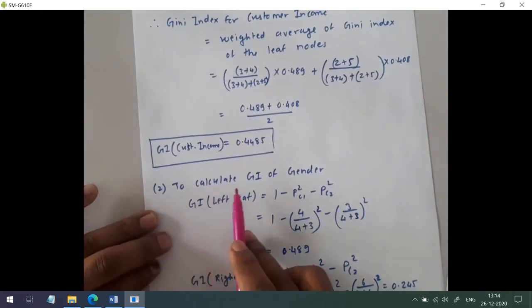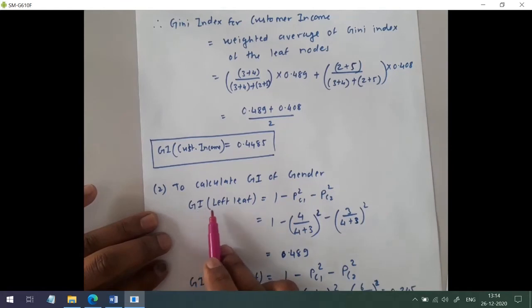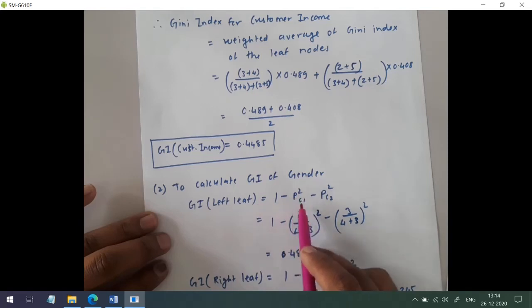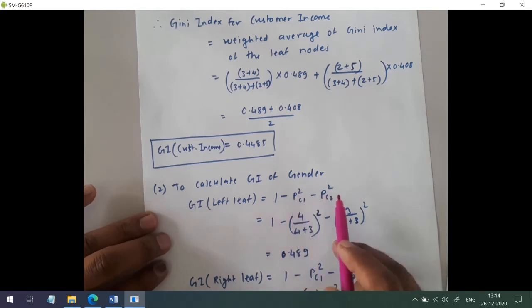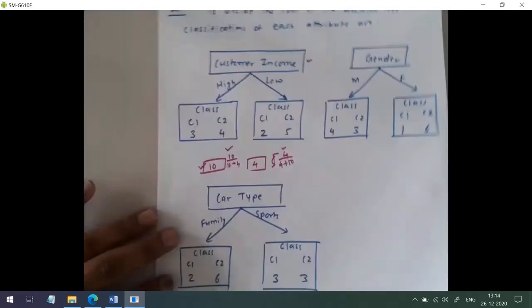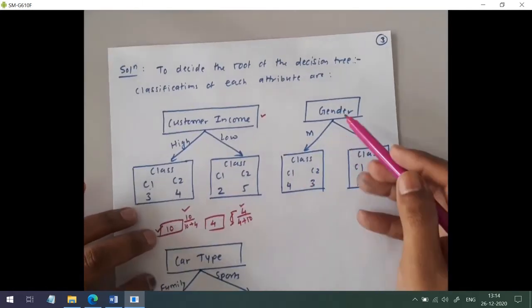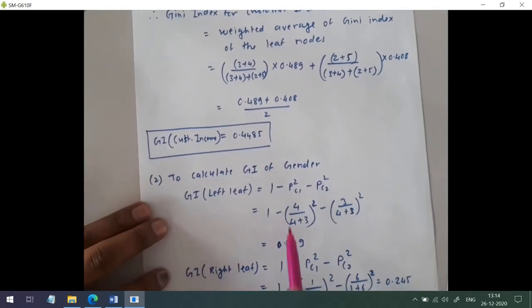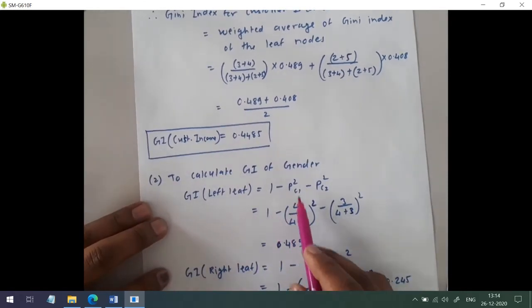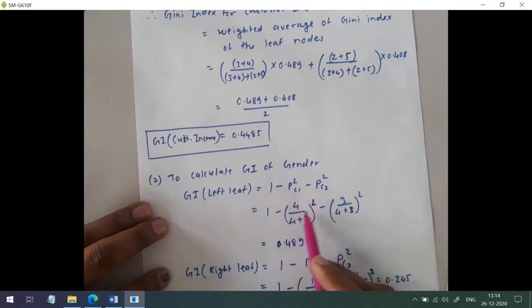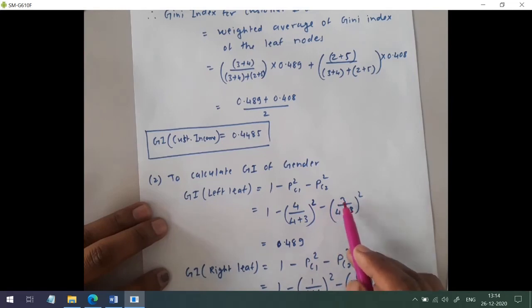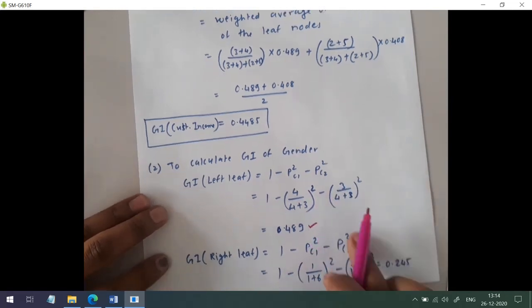Now to calculate the GI of gender, the GI of its left branch is 1 minus probability of C1 squared minus probability of C2 squared. See the tree of gender. Here we have 4 plus 3 and here 1 plus 6. Now we are talking about the left branch. The probability of C1 is 4 out of 4 plus 3, squared, minus the probability of C2, which is 3 divided by 4 plus 3, squared.